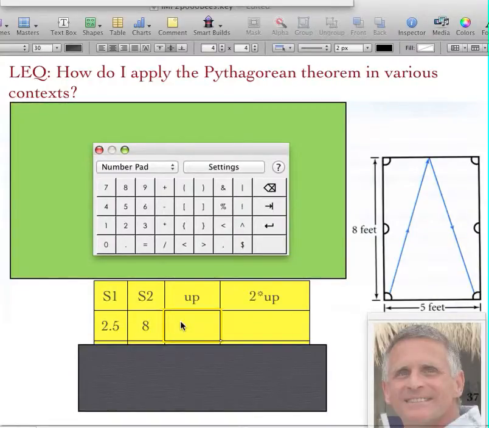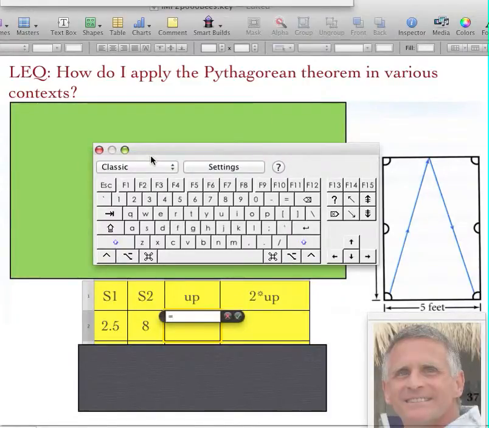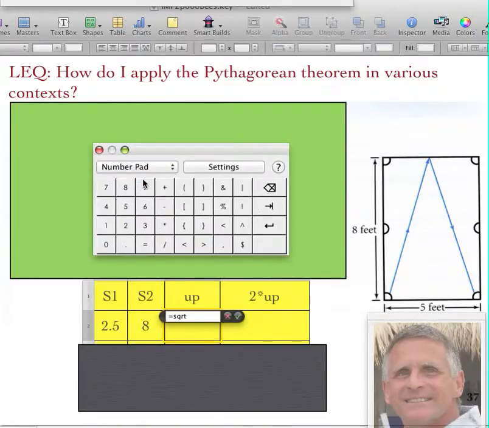In here I'm going to put the formula for calculating the length of the hypotenuse, so I start with an equal sign. I'm going to my other keyboard because I'm going to type in SQRT, and then when I put in the parentheses it recognizes that as a built-in function and capitalizes it.